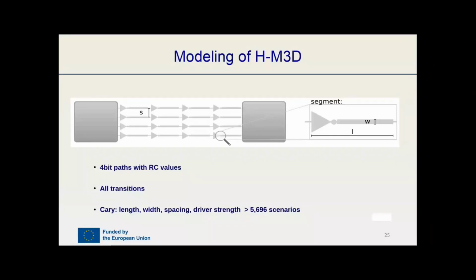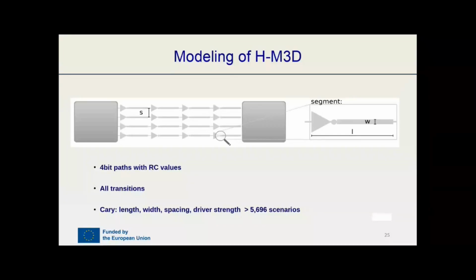Once we have this model for the wire, we were fundamentally looping over all the scenarios in terms of the separation between metal lines, the width of the metal lines, and the strength of the wires. For that, we were calculating the energy consumption in the different configurations. In the slide, you can see as an illustration a configuration with only one tier, but obviously we did the same simulations when we go from one tier to the other tier.